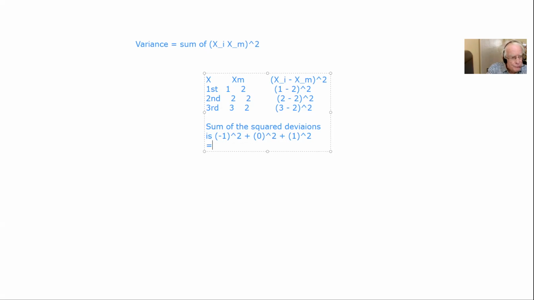So the sum is 1 plus 0 plus 1, equal to 2.